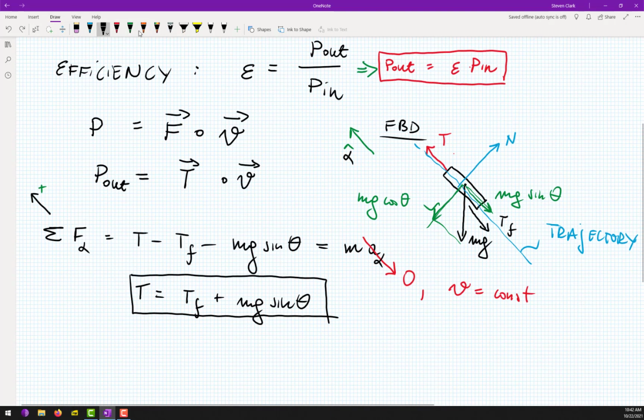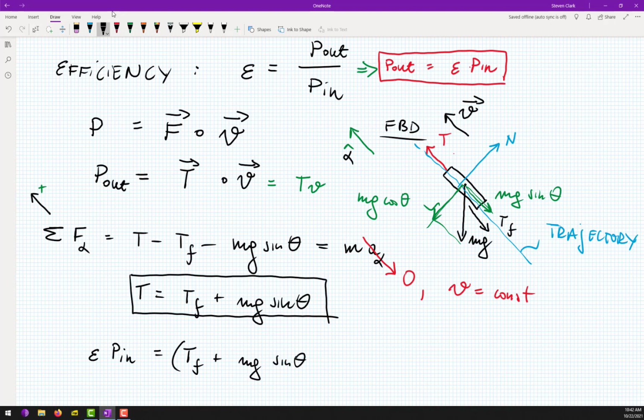And by the way, before doing that, you can clearly see, guys, that this will be T times v, because our T is aligned with velocity. So now we will end up with epsilon P in is equal to Tf plus mg sine theta times velocity.